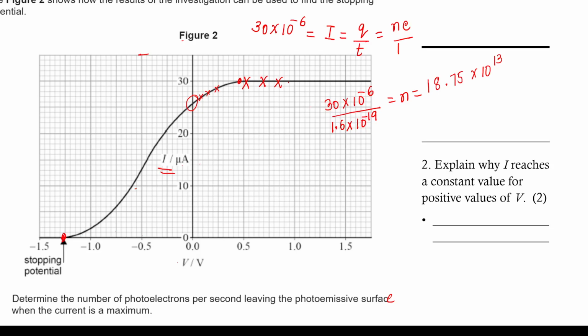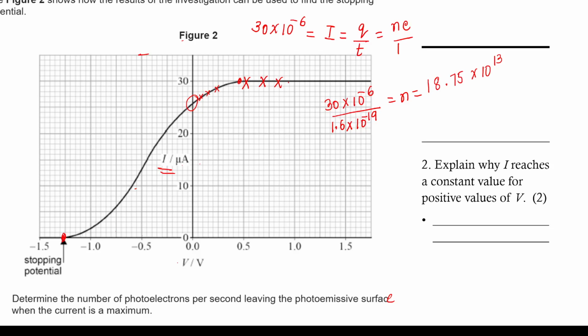Okay, so for the second mark, the first mark is when you explain that all the electrons had been collected, even the 0 energy electron has been collected, so the current becomes constant. The second mark would be: as the intensity of the light is not changing, that means the number of photons is not changing, so the number of electrons is not changing.